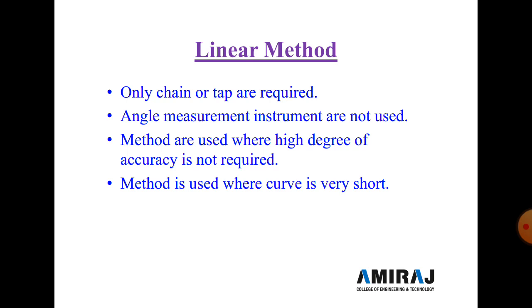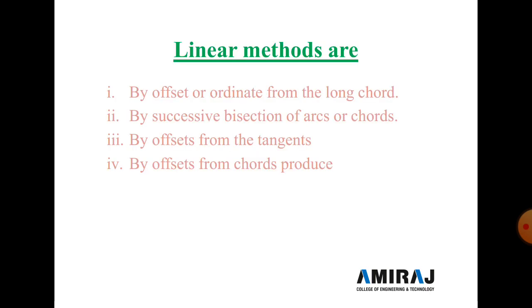A very high degree of accuracy is not required because it's a simple method and only simple measurement is needed. It is used where the curve is not very short. So the linear method is simple compared to the angular method.